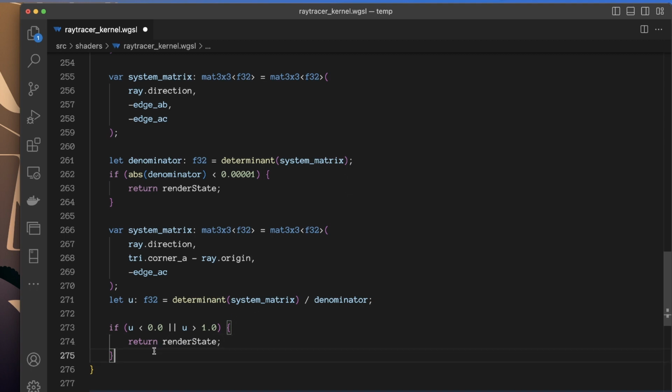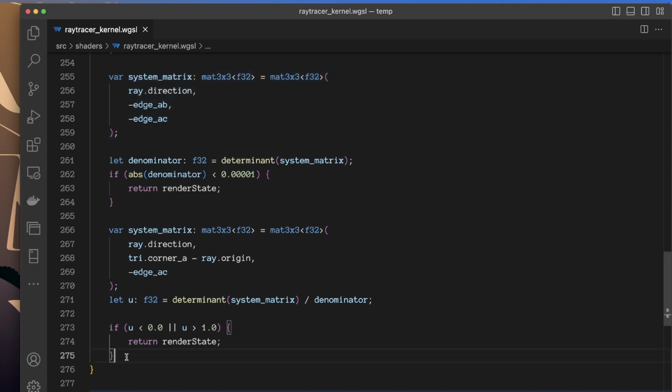Okay. So now what I want to do is calculate V. I've got some example code up here. What do you reckon we'd have to do to calculate V? Okay, so I'm going to do that now.